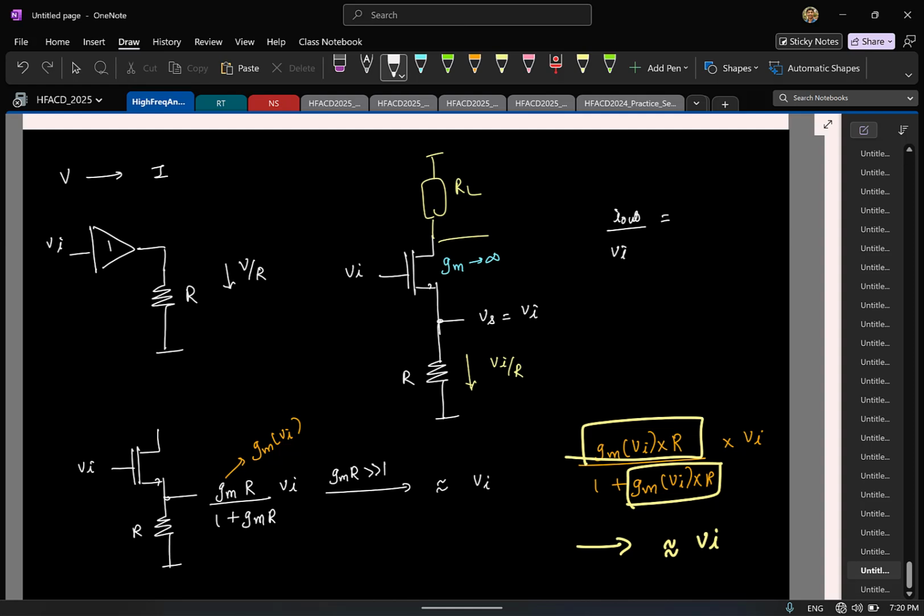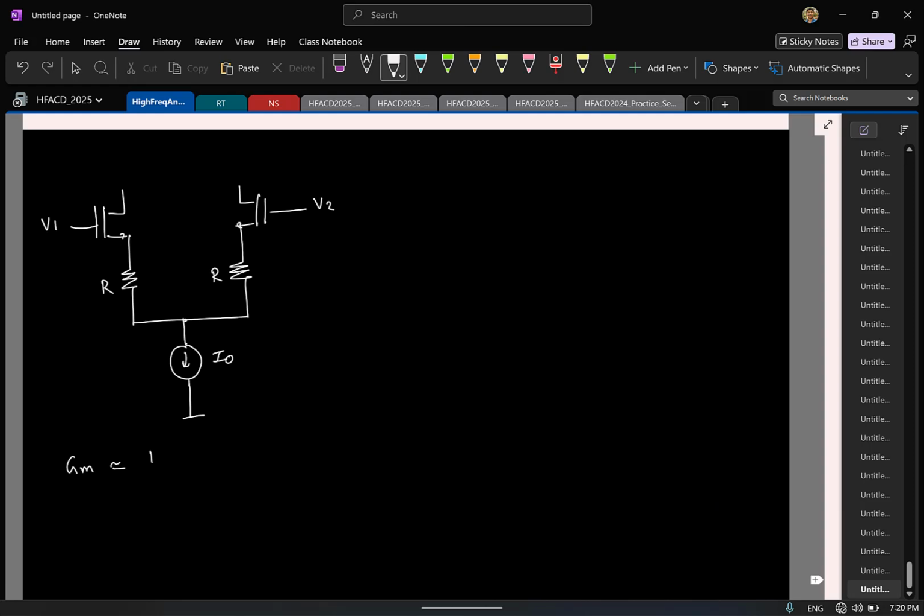GM R, or it's like 1 by R. Fine. So the short circuit GM will be 1 by R. Same thing. Again, you can take a fully differential case, assume that this is ground, and so on. So this works and you can do this, but this has one problem.